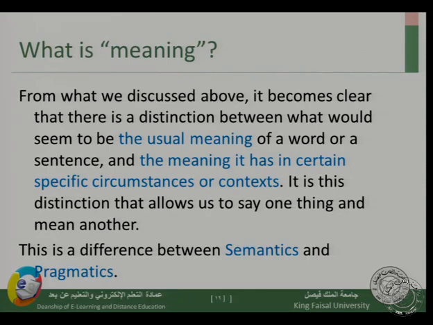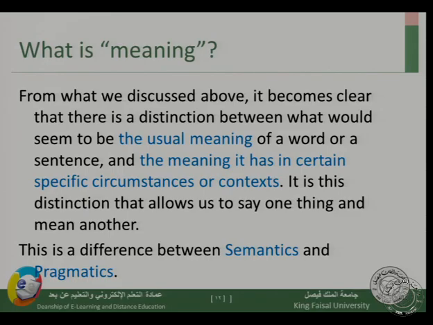We're going to give a definition of pragmatics in a bit, but if you involve the situation or the context in meaning, you are talking about pragmatics. If you're talking about meaning in general, independent of the context, you're talking about semantics. So this is the difference between the two.